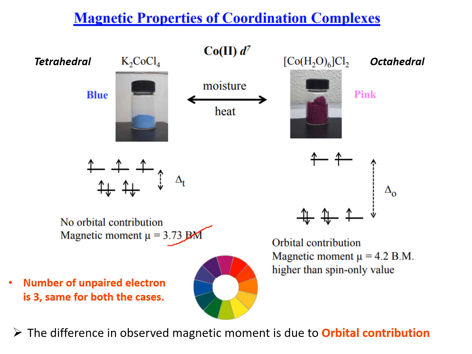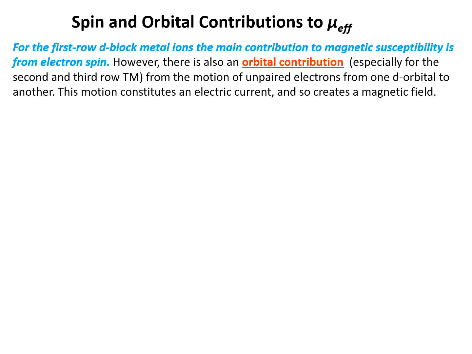But where there is orbital contribution, the magnetic moment changes to 4.2 Bohr magneton, higher than the spin only value, although the total number of unpaired electrons is the same. Here it is 3, here it is also 3. But due to these contributions, their magnetic moments change from 3.73 to 4.2 Bohr magneton.